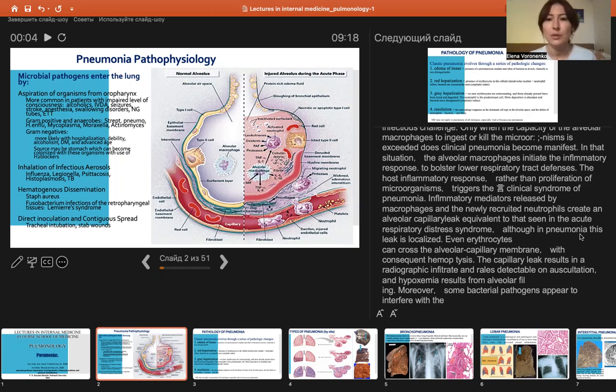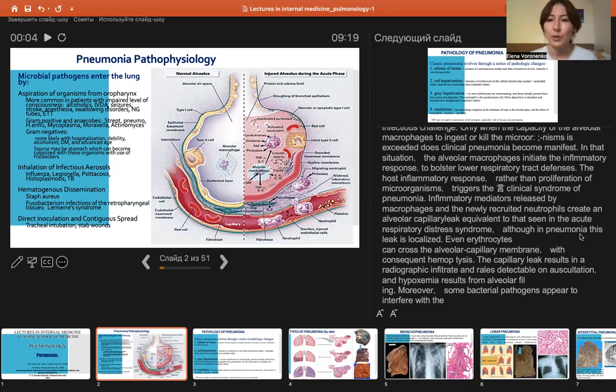The host inflammatory response, rather than proliferation of microorganisms, triggers the clinical syndrome of pneumonia. Inflammatory mediators released by macrophages and the newly recruited neutrophils create an alveolar capillary leak equivalent to that seen in the acute respiratory distress syndrome.